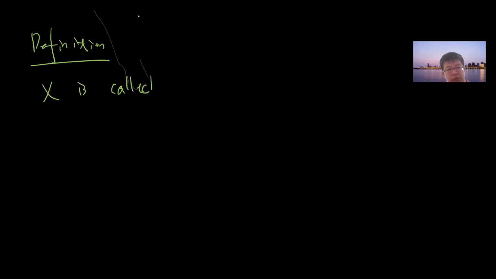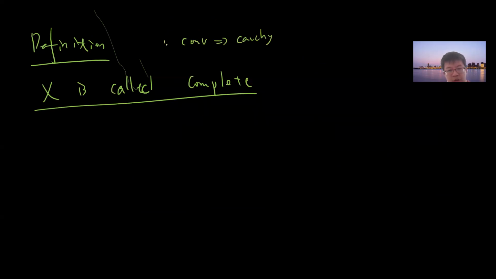Let's give another definition, which is also an important one. Remember that we proved two things: convergence implies Cauchy, and in a compact space, Cauchy implies convergence.